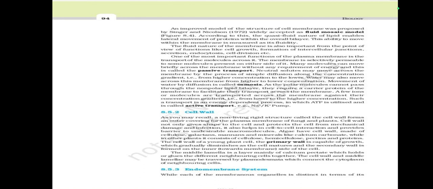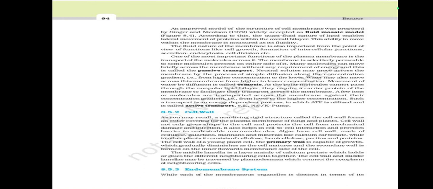The middle lamella is the layer mainly of calcium pectate, which glues the different neighboring cells together. The cell wall and middle lamellae may be traversed by plasmodesmata, which connect the cytoplasm of neighboring cells.